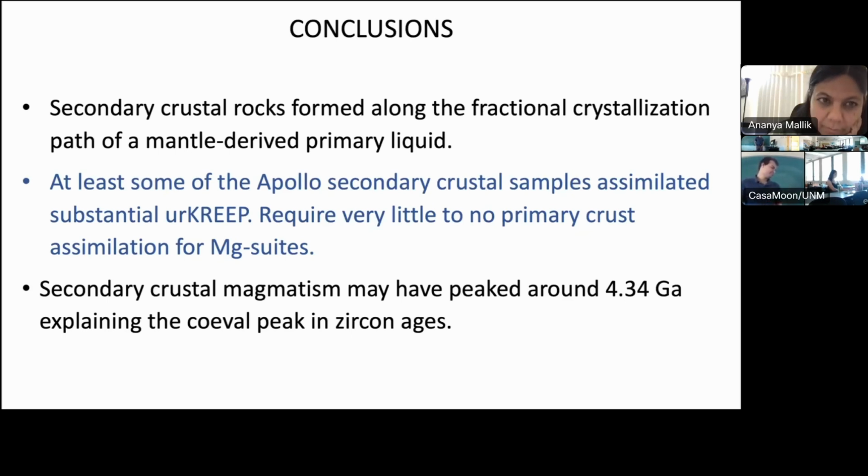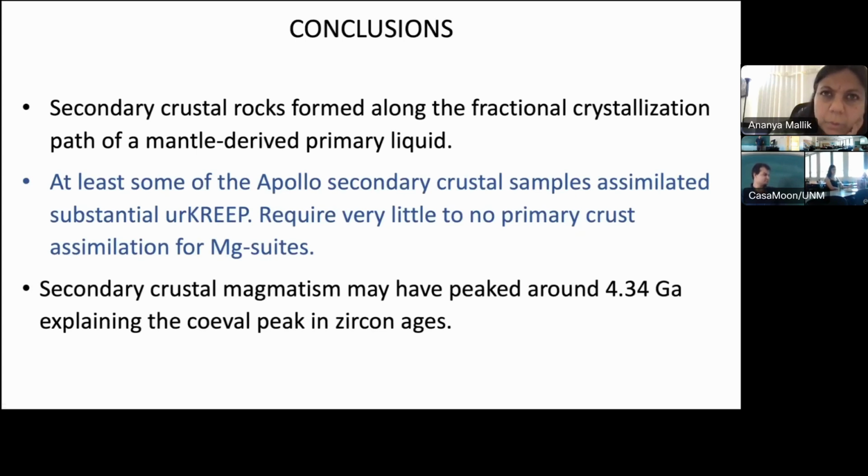And so are we basically just saying that all of this exciting activity is happening in a very, very short time period? Basically everything, the entire record that we have for basically all the rocks in the moon?